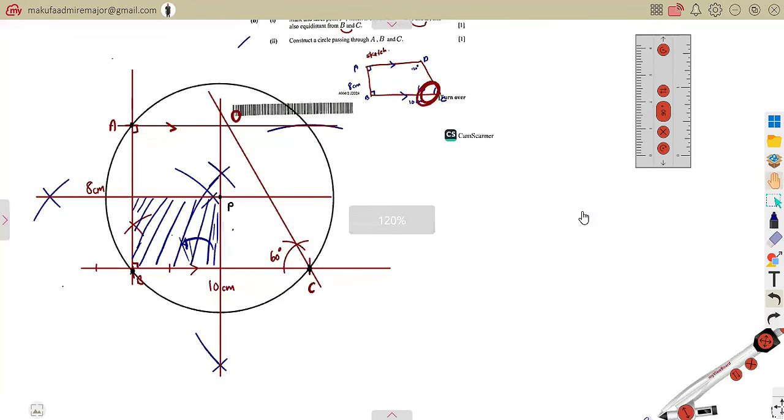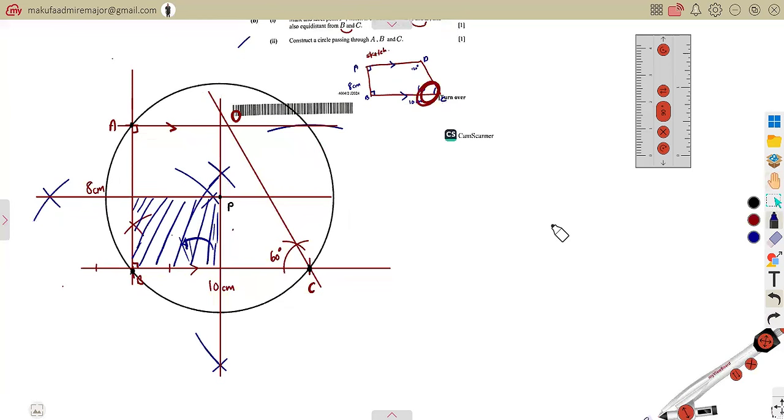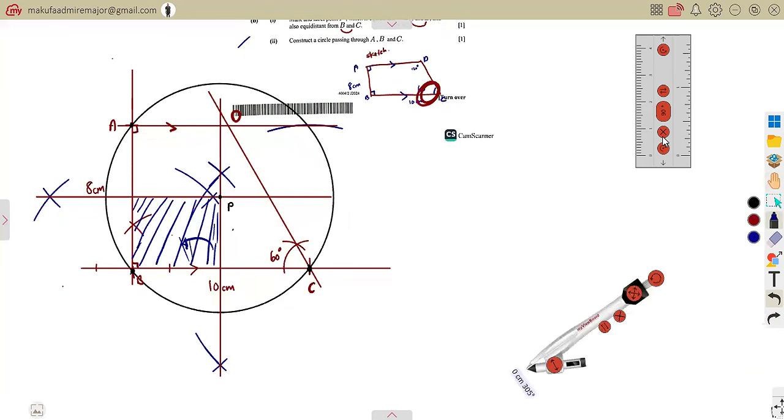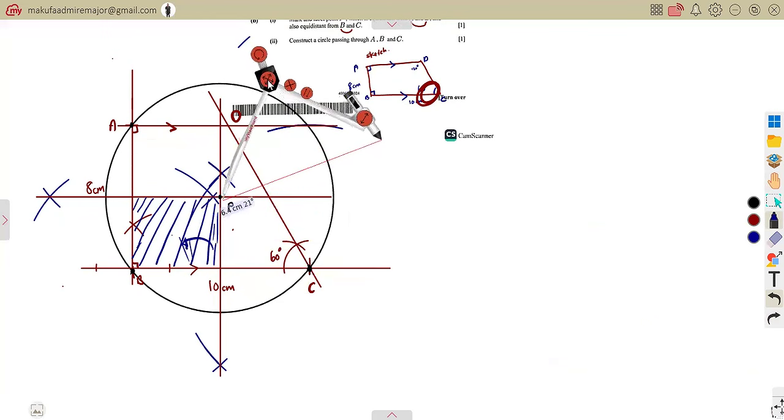All right. Then another part is now to measure and write down the radius of the circle, and that would be that part that you're given. So in order for you to have the radius of the circle, you either use your divider, or you take this compass, place it on P to the circle, then you can measure it, or you can use your ruler to measure that.